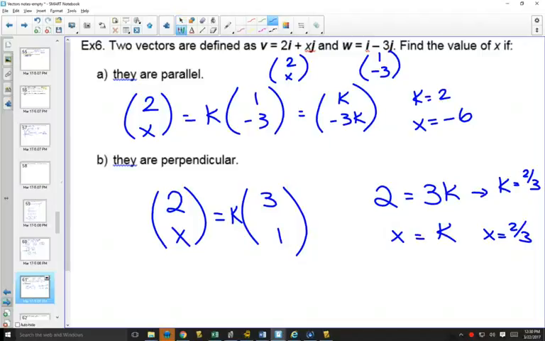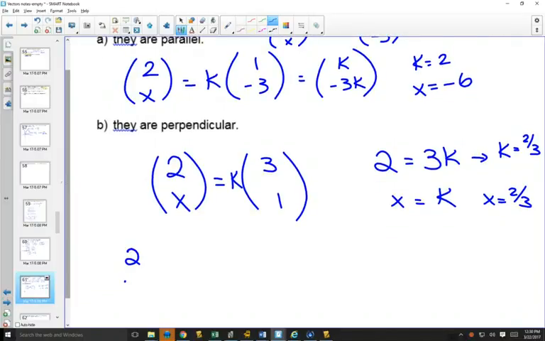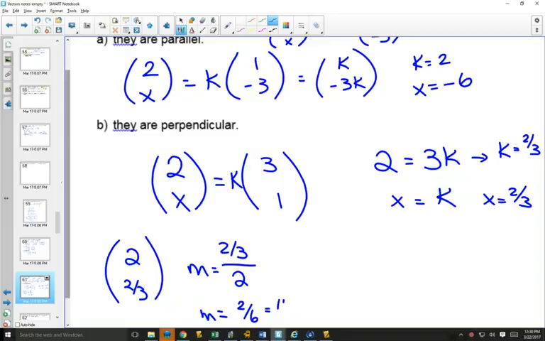Again, if you want to check this after you're done, so if we look at our 2, now one vector would be 2, 2/3. If you do rise over run for your slope here, 2/3 over 2 is the same as 2/6 or 1/3.